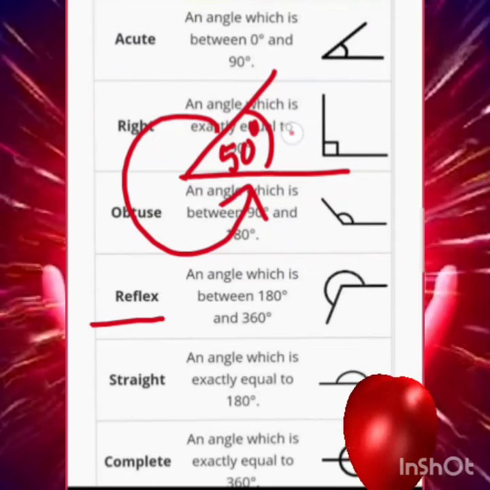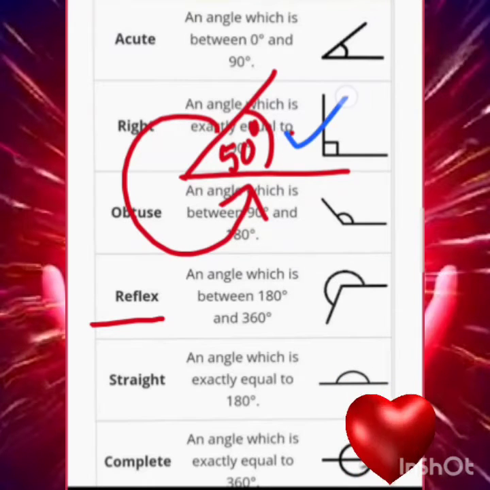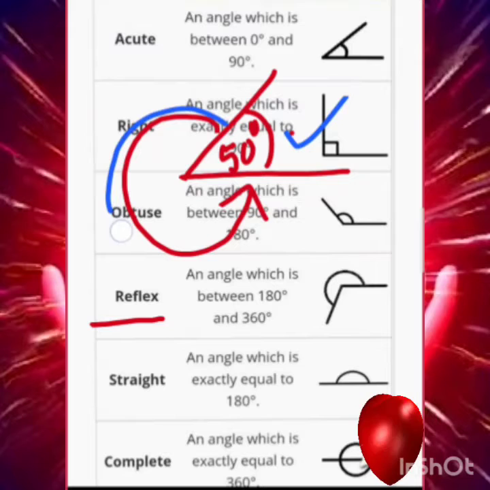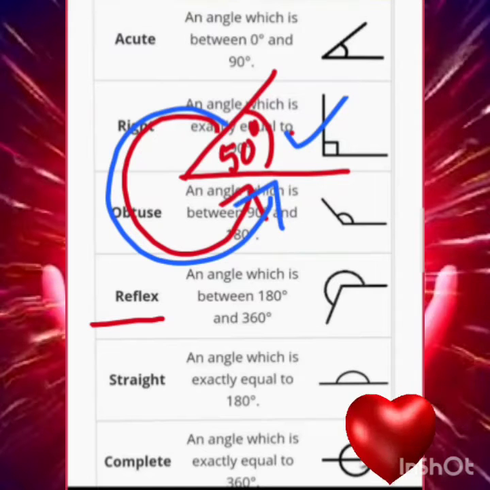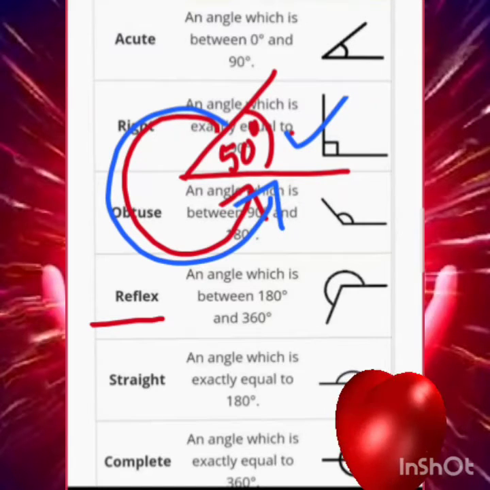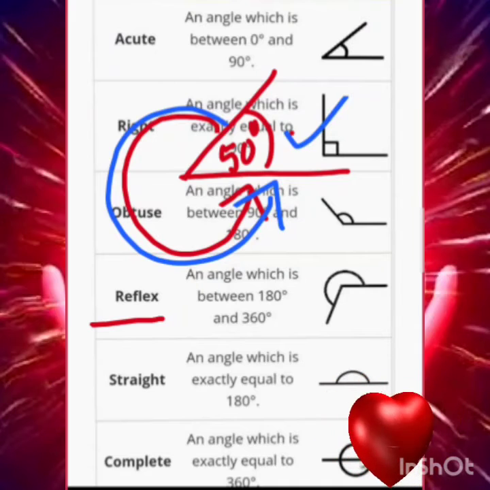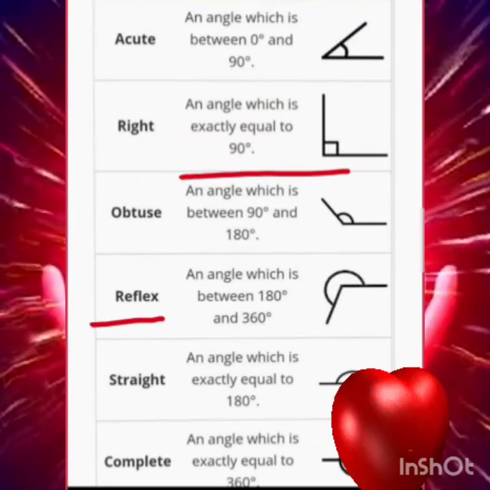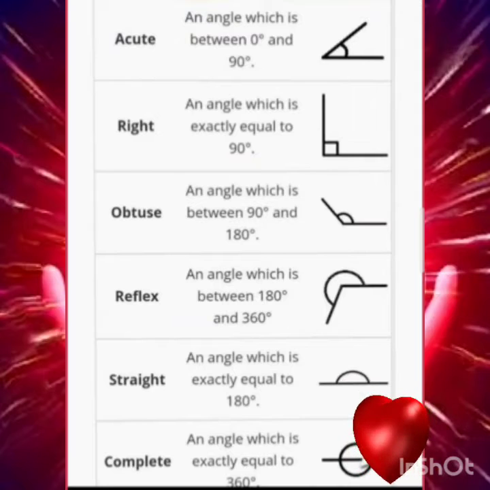So 360 minus this 50 degree, whatever is left, 310 degree. This angle is called reflex angle. When we studied chapter 6 about all these things, you should have a good idea, and all these definitions must be clear in your mind.